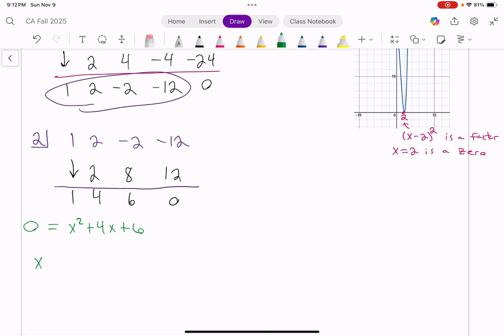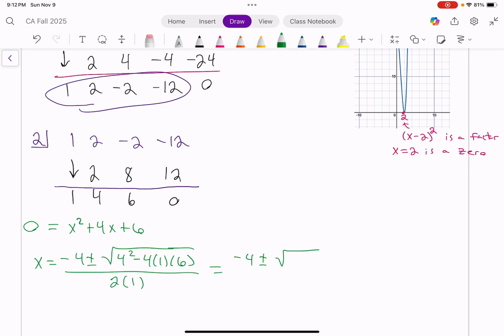So we have to use the quadratic formula to figure out those zeros. This is the quadratic formula for what's in green, and we're going to simplify it. We're going to simplify what's under the radical. So 4 squared is 16, 16 minus 24 is negative 8, over 2.